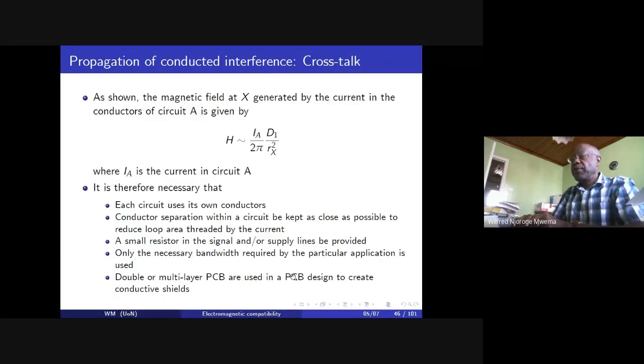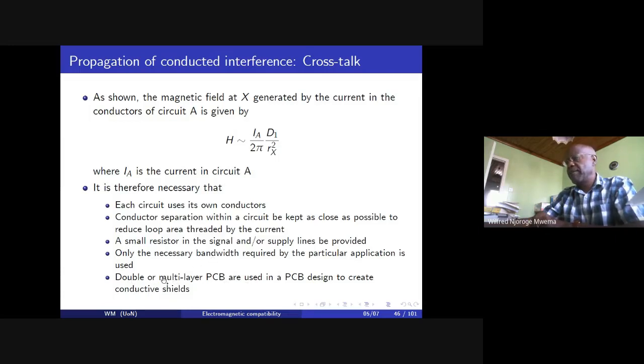So double or multi-layer PCBs should be used in the PCB design, and this will therefore create conductive shields, okay? Because usually one of the sides of the PCB will just be dedicated to a ground plane, and the circuit elements and traces will be put on one layer.